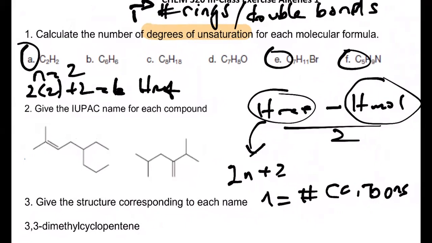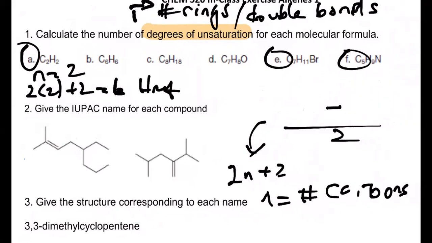So if I plug those numbers into this equation, H ref is 6, H molecule is 2, right? So 6 minus 2 over 2 is 2. Is that right? Yes, it's 2.